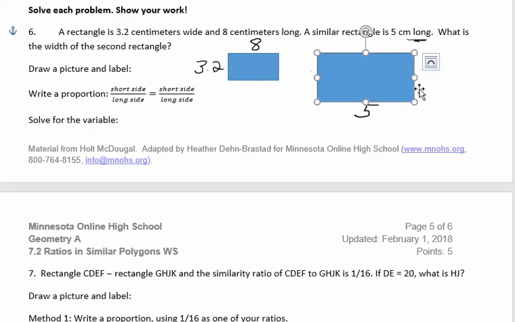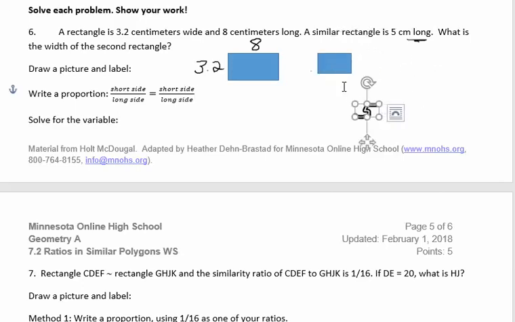I guess I have to grab some other tool here. There we go. Let's make that one be 5. Now, I am looking for the width of the second rectangle, which is the shorter side. I could have labeled this 5 up here too if you prefer it that way.